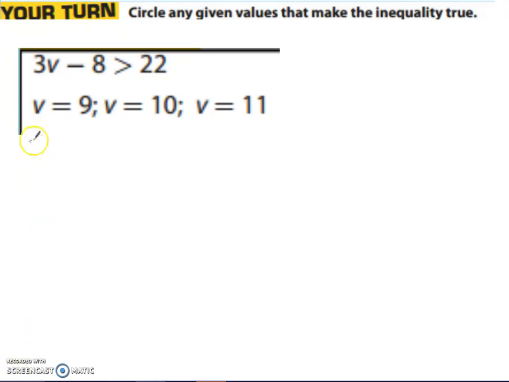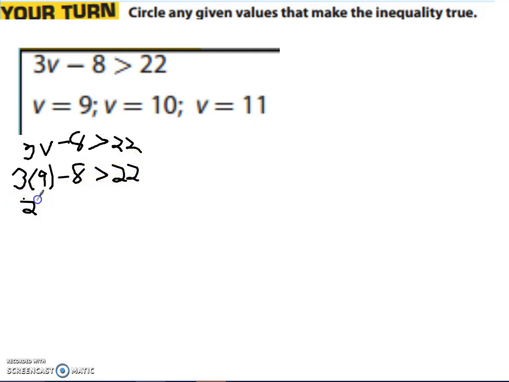So if we said 3v minus 8 is greater than 22, and we substituted in for 9, we would say 3 times 9 is 27. 27 minus 8 will get me 19. Is 19 greater than 22? No. This is false.